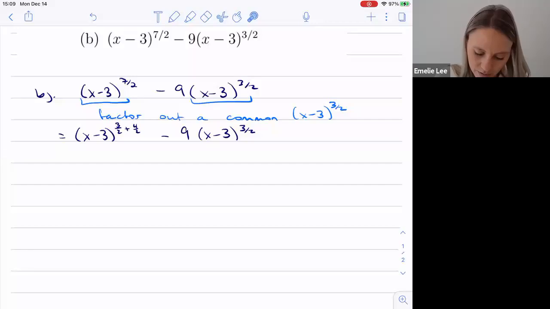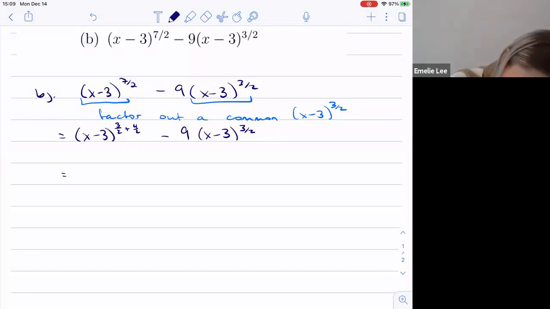All right, so now I can rewrite this as two terms, right? x minus 3 to the 3/2 times x minus 3 to the 4/2. 4/2 we can simplify. I'm going to keep it as 4/2 for a little bit longer just to highlight that that's where it came from, right? But 4/2 is just 2.